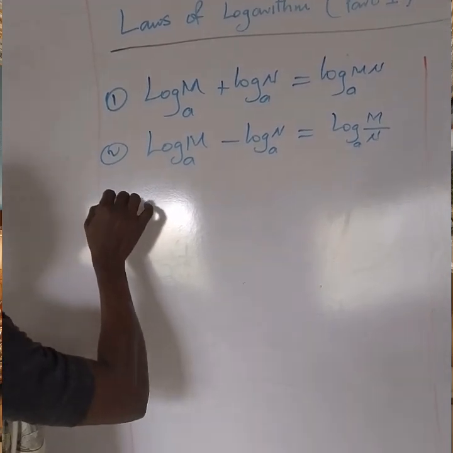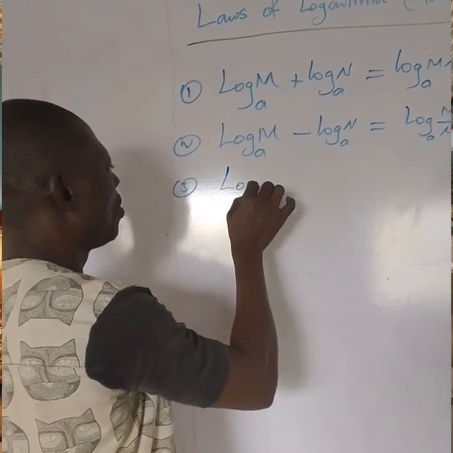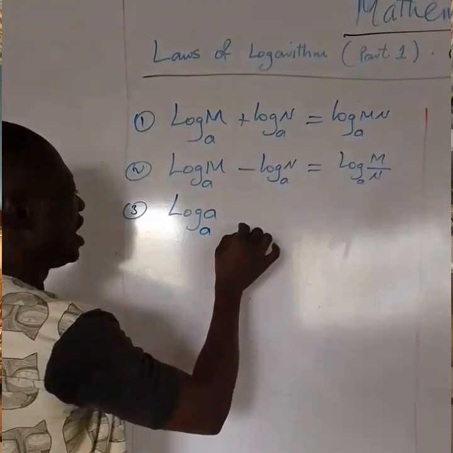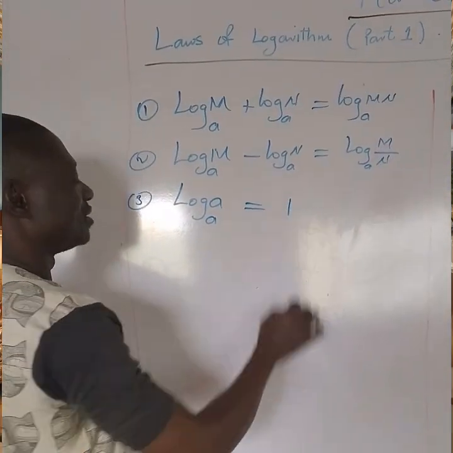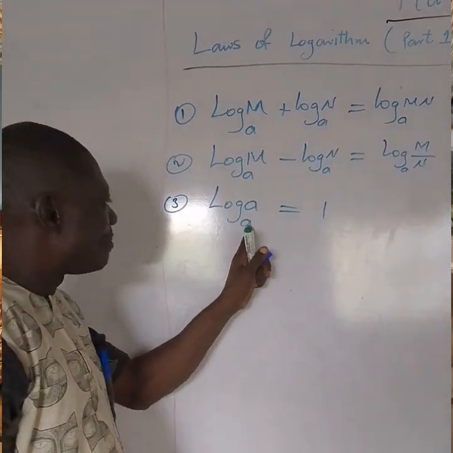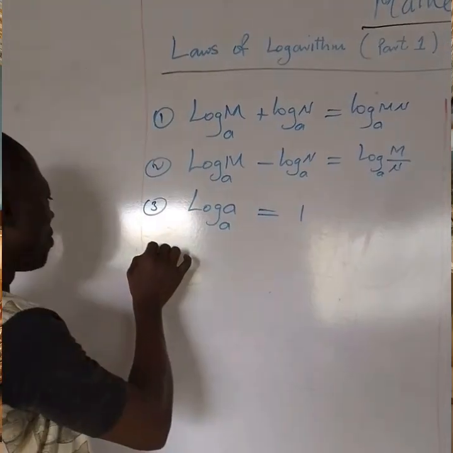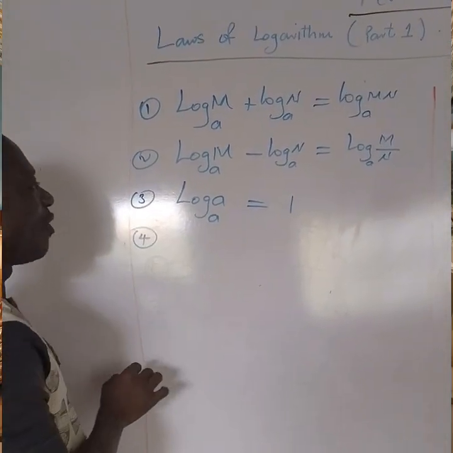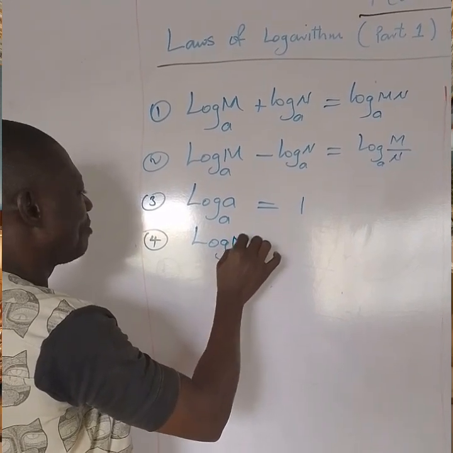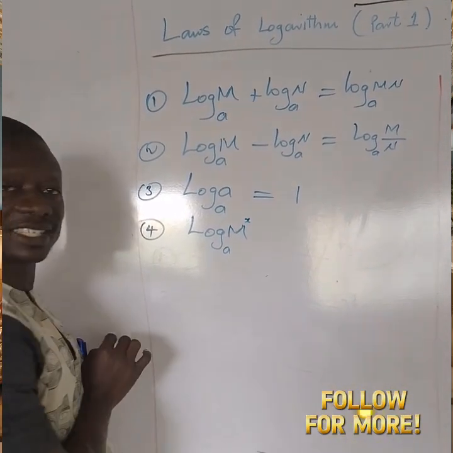And number 3, we are going to look at log a in base a being equal to 1. The log of a number in the same base is 1 all the time. And so in number 4, we are going to have log m in base a, but m will be raised to power x.